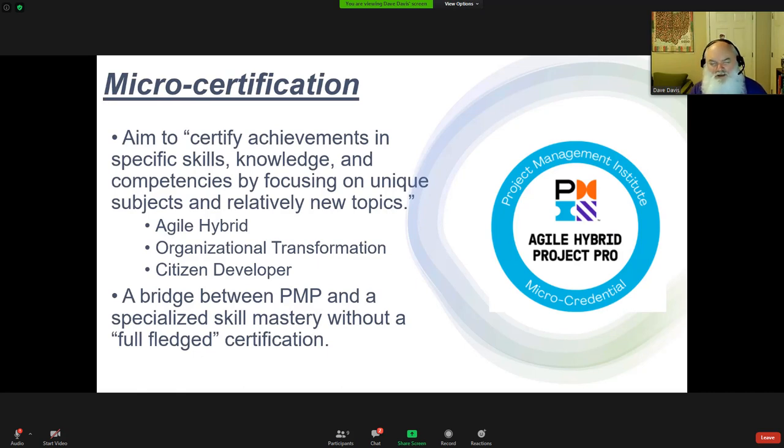So if you're interested in being able to demonstrate you have an idea of Agile and the hybrid part, and you've been a PMP for many years, you don't have to go out and get the full-fledged ACP certification. You can do this hybrid micro certification and be able to bridge it. You have the level of knowledge to be able to converse fluently and understand the concepts. So I like where that's going, and I think we'll be seeing more and more things on micro certifications as you advance your careers.